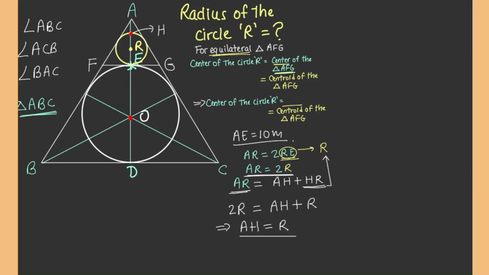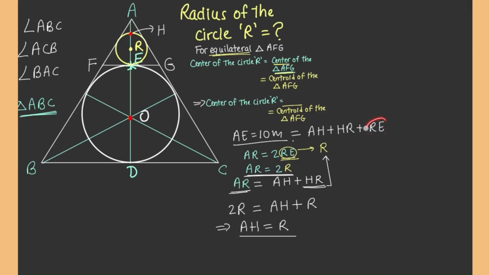All right. Now we're going to look at this entire length over here, AE. What is AE equal to? It is equal to 10 meters. But AE is made up of three separate distances: AH plus HR plus RE.